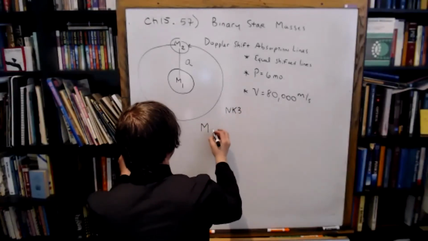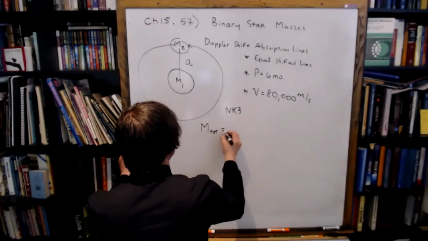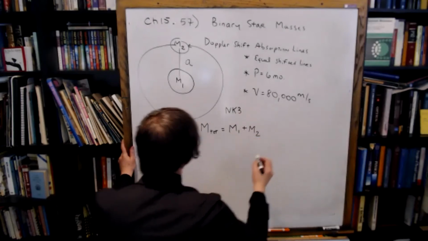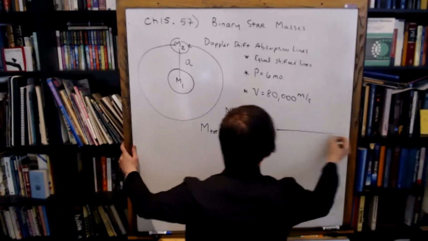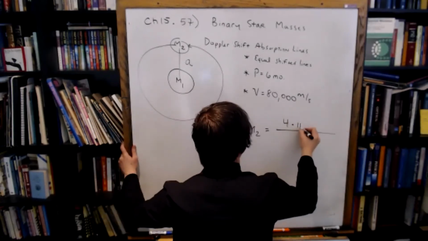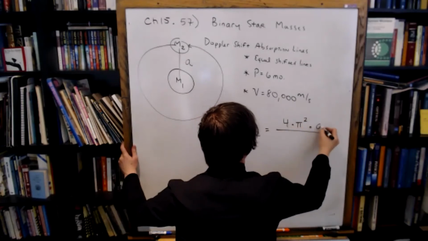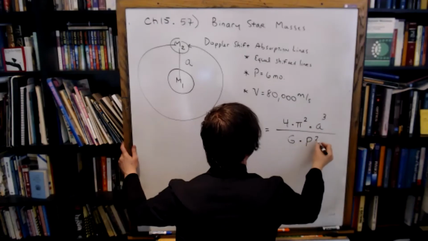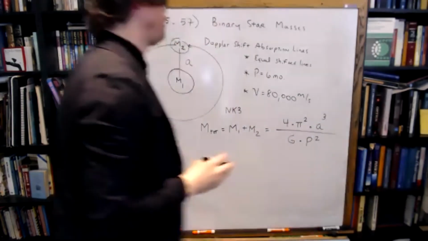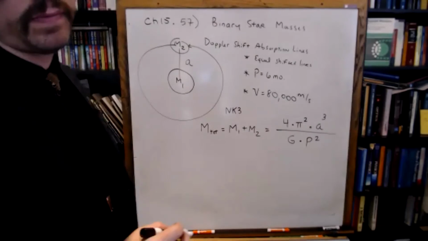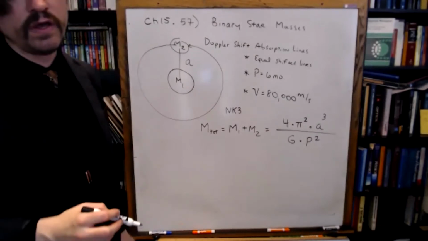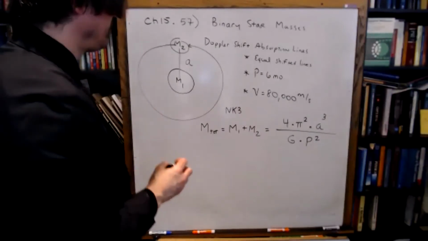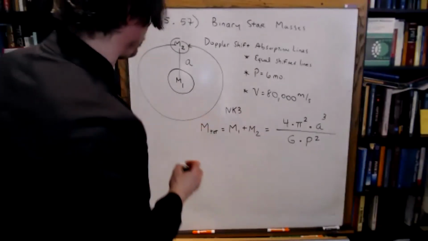The total mass of the system, the mass of star 1 plus the mass of star 2, is equal to 4 times pi squared times a cubed divided by g divided by the period squared. First thing we're going to do is convert the period into seconds, because this formula requires MKS units.